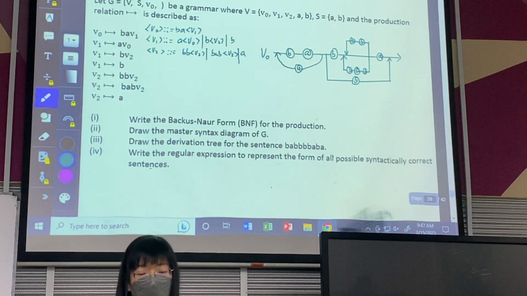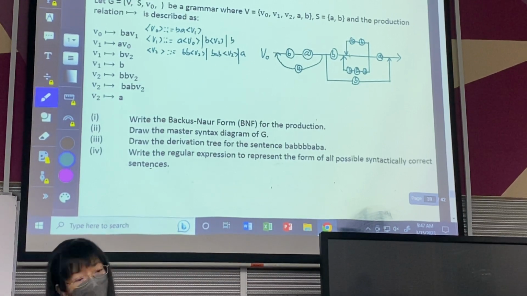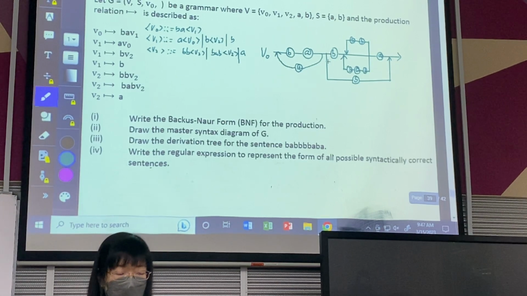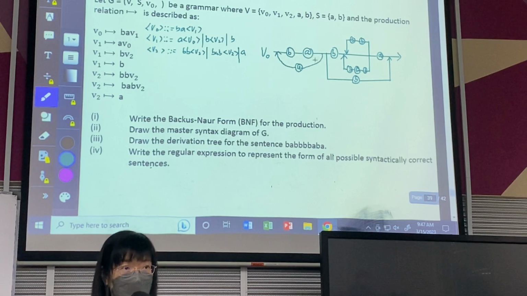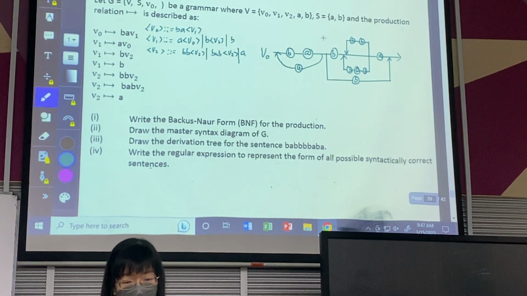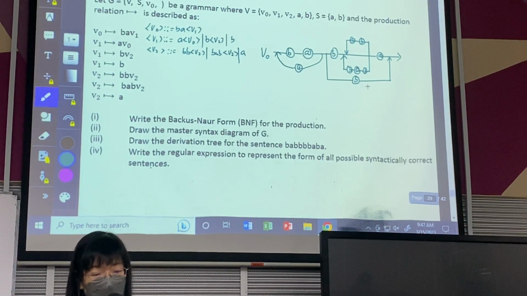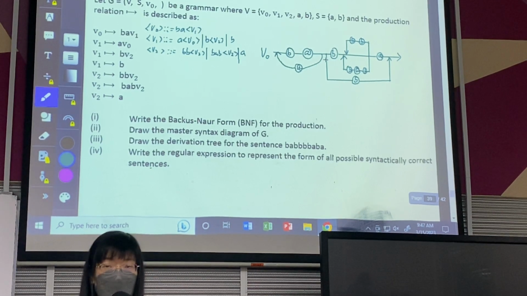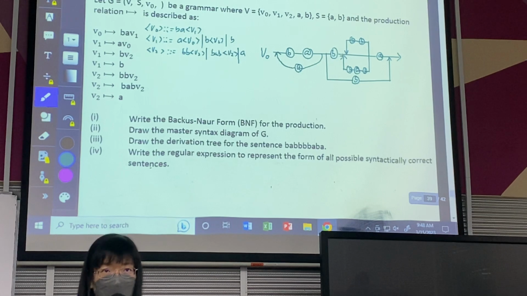Okay, now the B here, the go out from B, this part, you need to draw it before this B, because it is going out from V1, which is here. The V1 is here. So your line for the B, it must be before this B. Because after this B is V2.